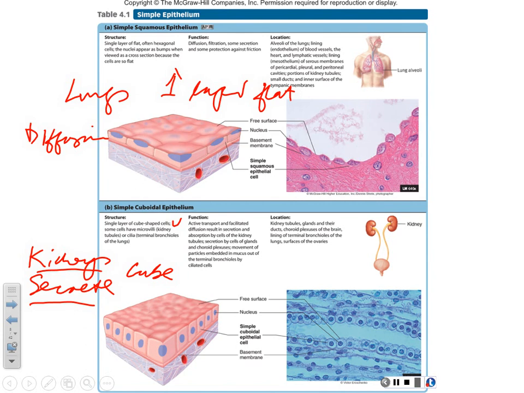They're still single layer, but because they secrete something, the cells have more volume. We're going to start talking about just one layer, simple, and changing cell shape, and then we'll start talking about multiple layers and some of the functions. So cube shape means secrete something.